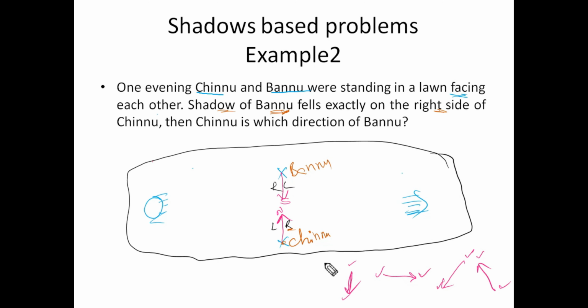Now tell me, in which direction is Chinnu facing? North. In which direction is Bannu facing? South. Chinnu's right hand shows east, Chinnu's left hand west, Chinnu's backside south. Bannu's right hand west, Bannu's left hand east, Bannu's backside north.